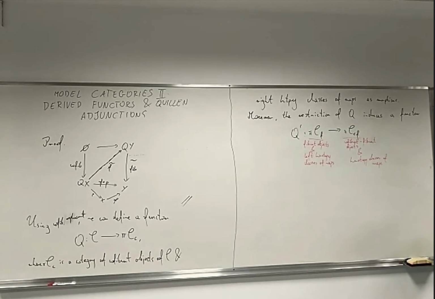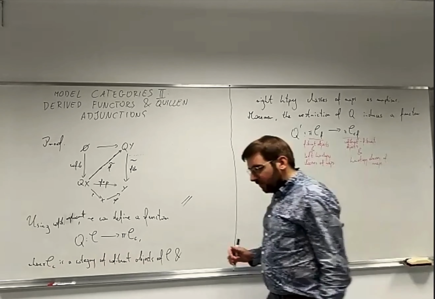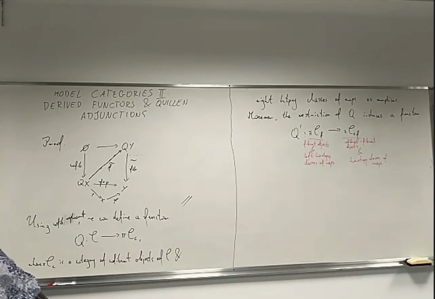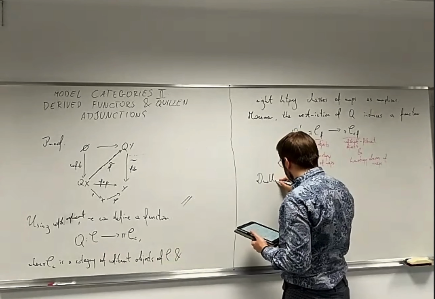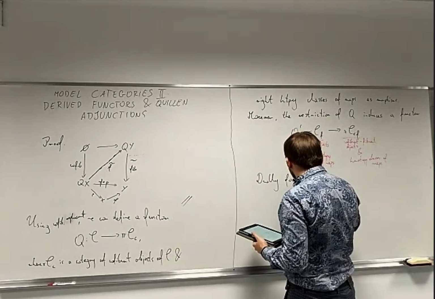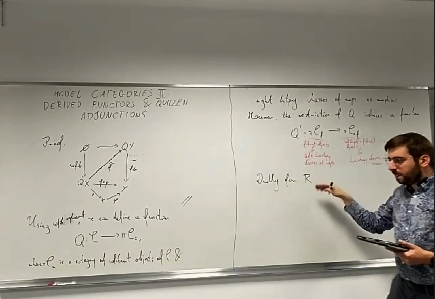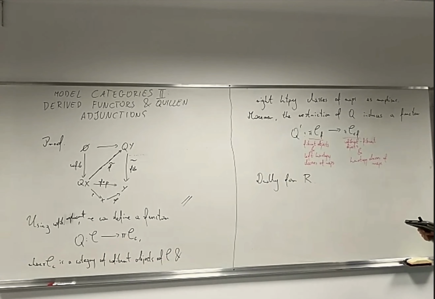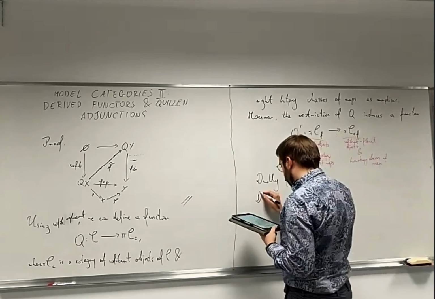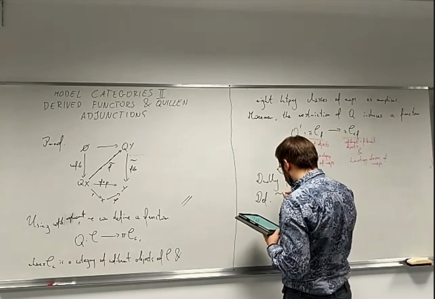Okay, so we have the same constructions for R prime, sorry, dually for the fibrant replacement. So we can play the same game with fibrant replacement. And now we are in a position to define the homotopy category.